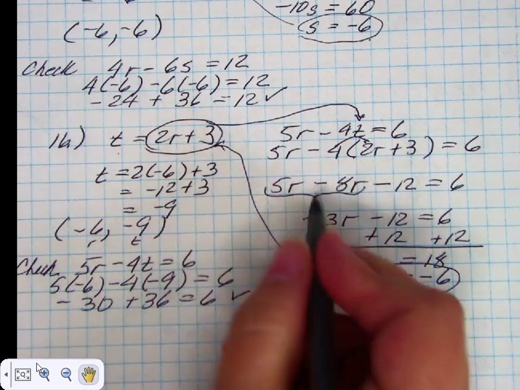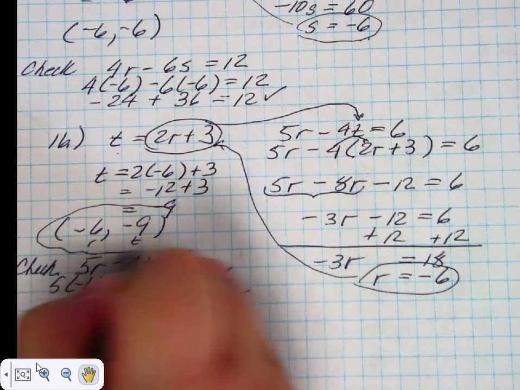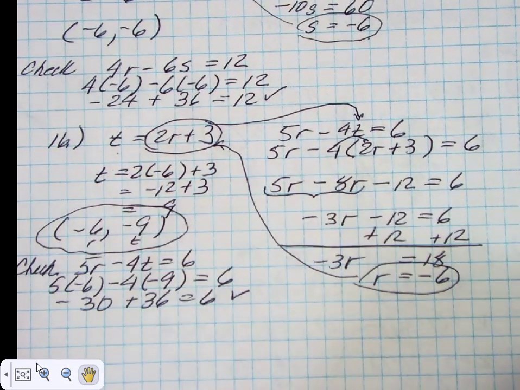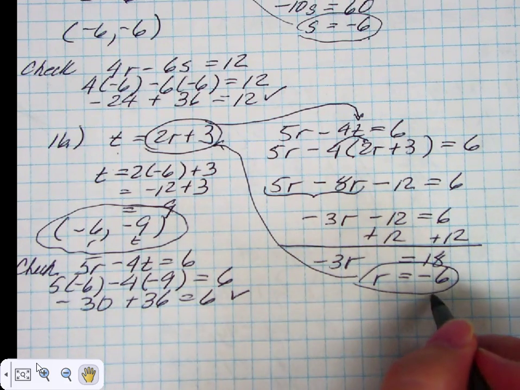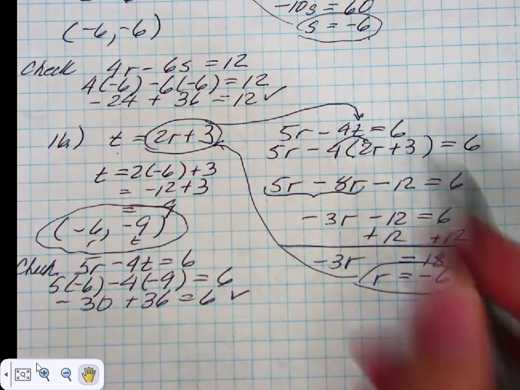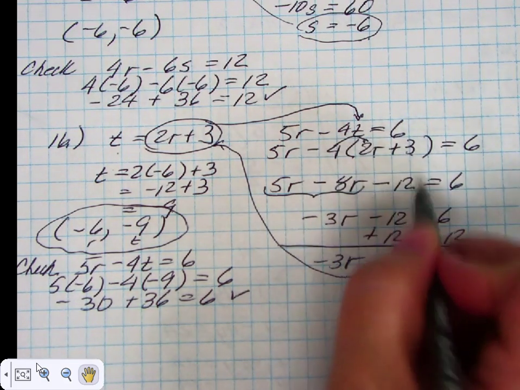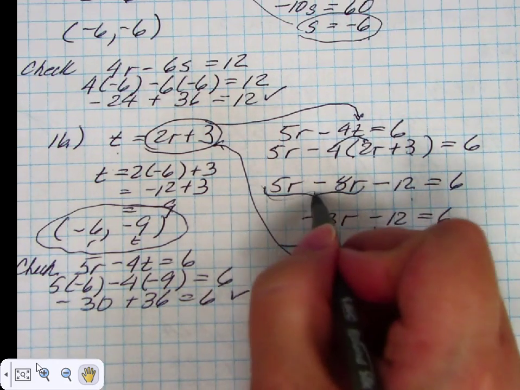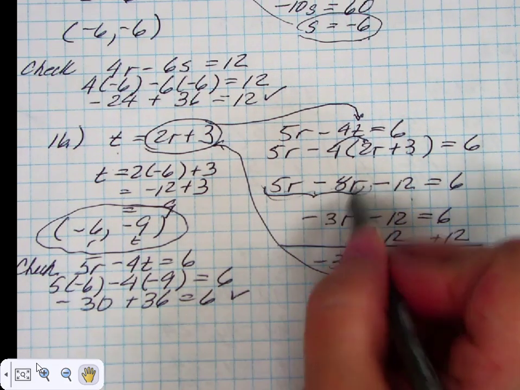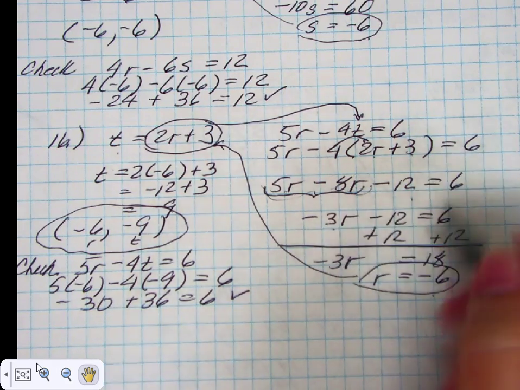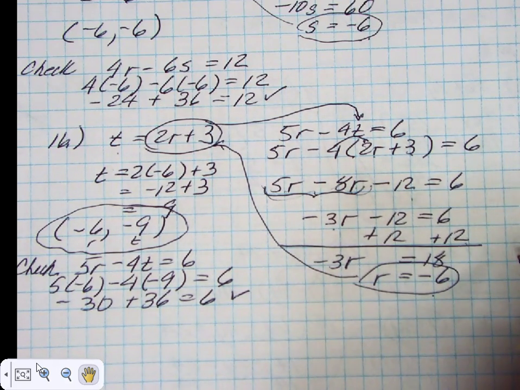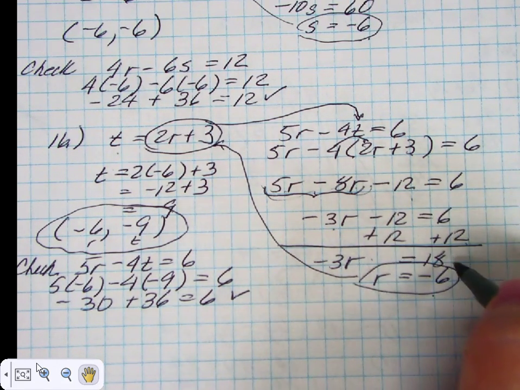All right, let's see if you've got it. Did you get negative 6 and negative 9? Because here, that would be the solution. I got r is equal to negative 6 by taking and distributing this, negative 8r minus 12, combining my like terms, 5 minus 8 is negative 3, adding the 12 to both sides, negative 3r is equal to 18 means r is equal to negative 6.